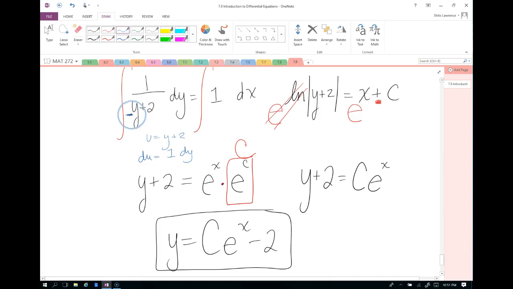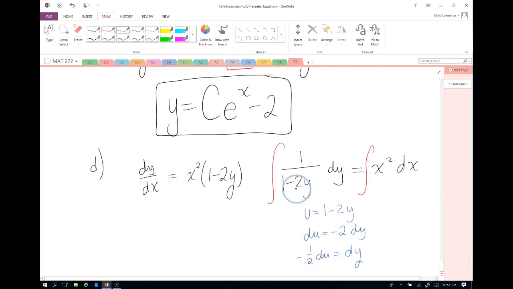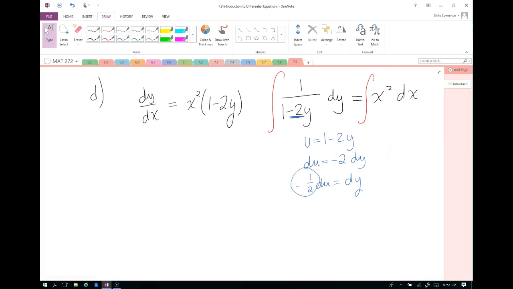And the reason is because of the coefficient on the y. If the coefficient on the y is just a 1, then there's not going to be any extra new coefficients that come in. Here, the coefficient on the y is not a 1, it's a negative 2. So that's why we end up with this extra negative 1/2 in the problem.